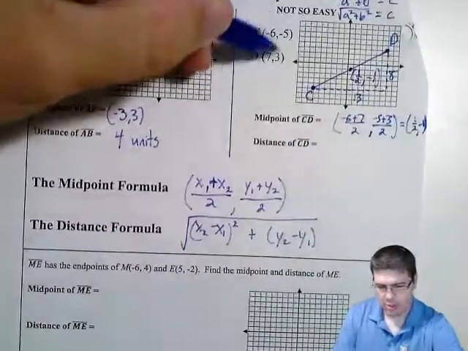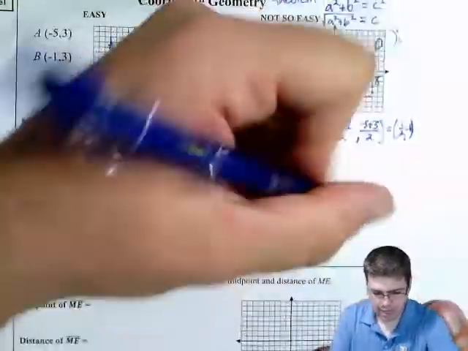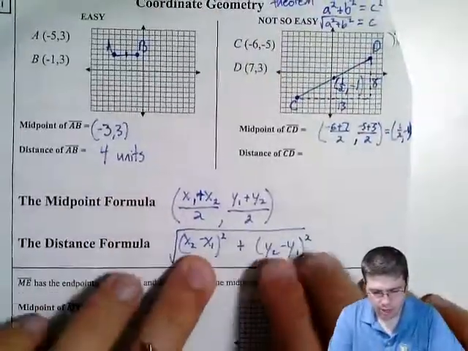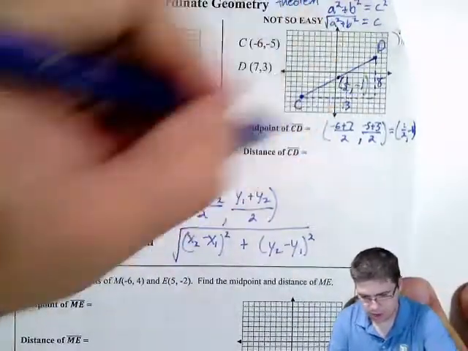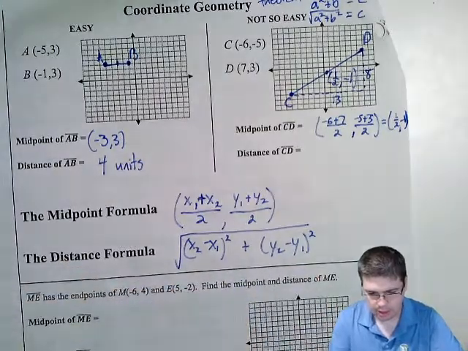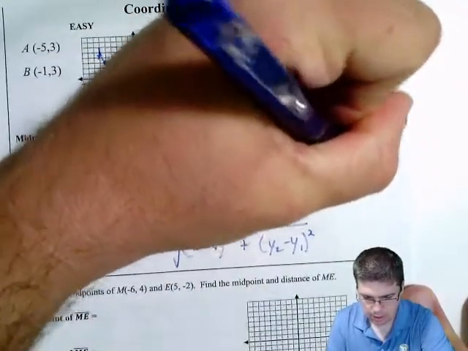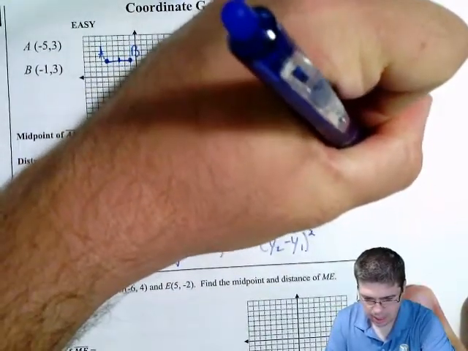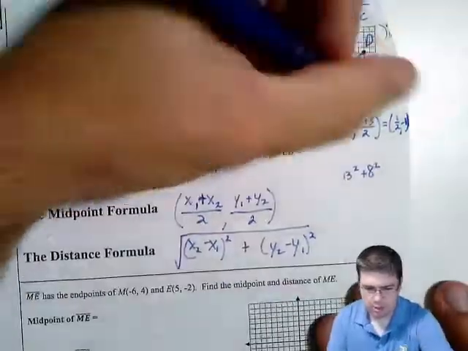So if I subtract those, 3 minus -5 gives us that 8, that vertical distance squared. So if you add those two, that's effectively going to be your 13 squared plus 8 squared.